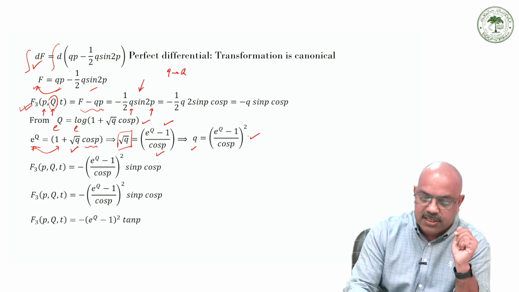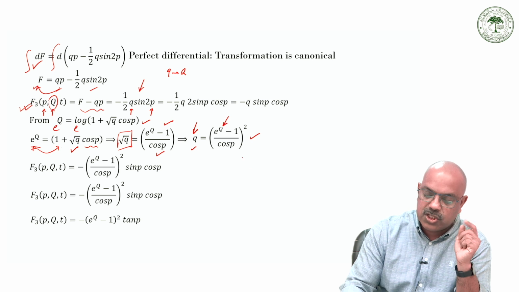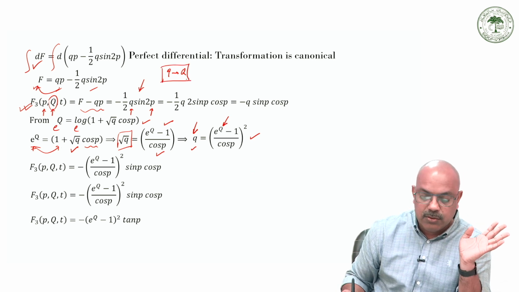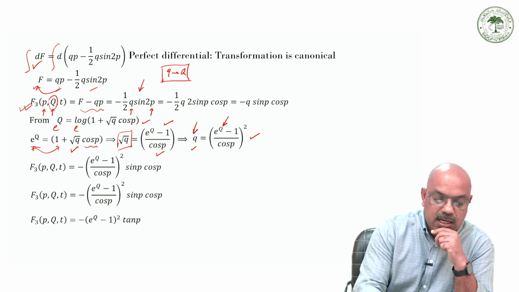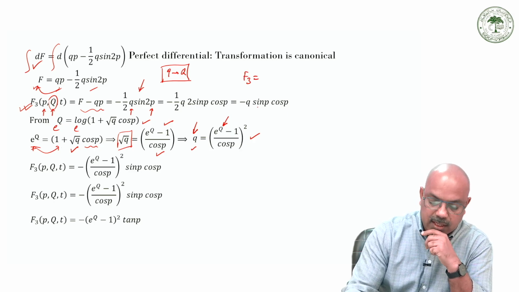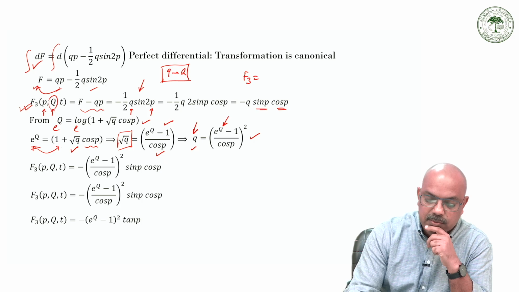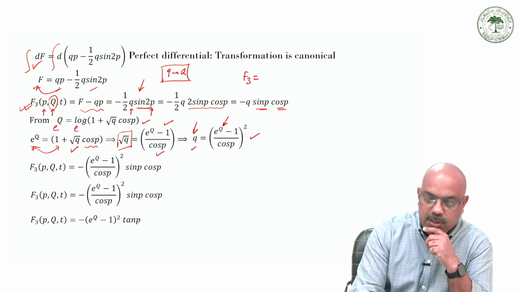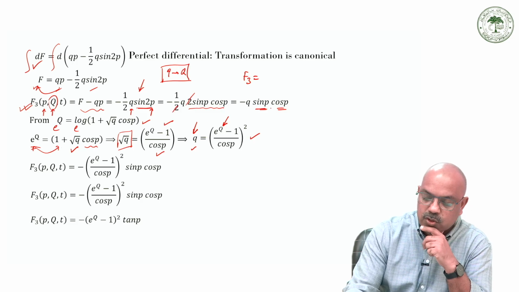So now what I have is q in terms of capital Q. So I need q in terms of the capital Q, so I can put it here in f3. My f3 is minus q sine p cos p, because this sine 2p I have written as 2 sine p cos p. The 2 will cancel out, minus qp sine p.